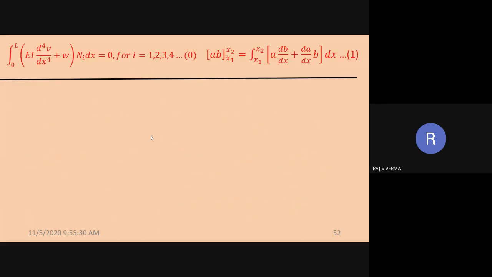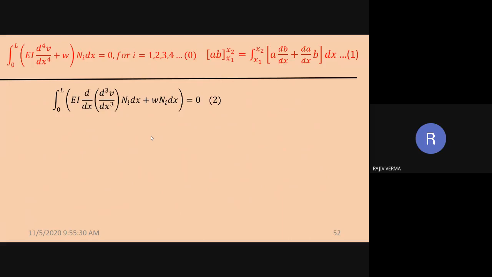So we have the differential equation indicated by equation 0 and the corresponding equation number 1, which comes from the integration by parts. And equation number 2 is basically equation number 0 written once again.